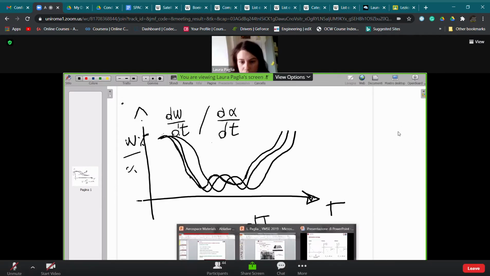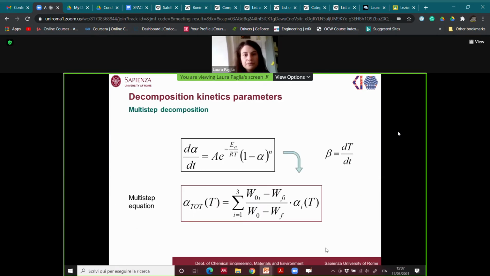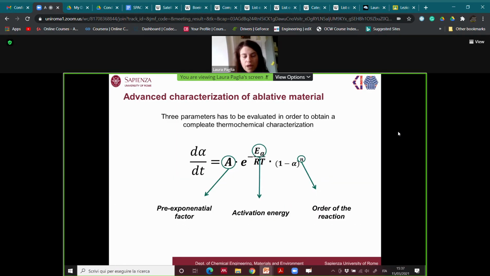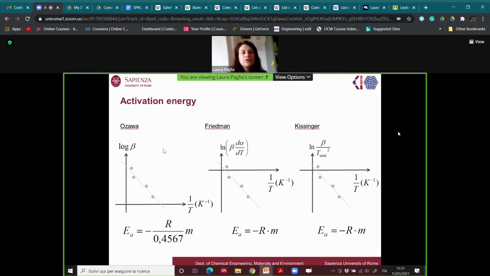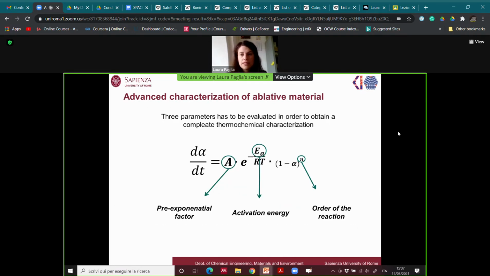If we go to this equation, here you have three different names: Ozawa, Friedman, and Kissinger. These three names correspond to three different methods used to evaluate the activation energy, and they depend on the strategy used on this equation.